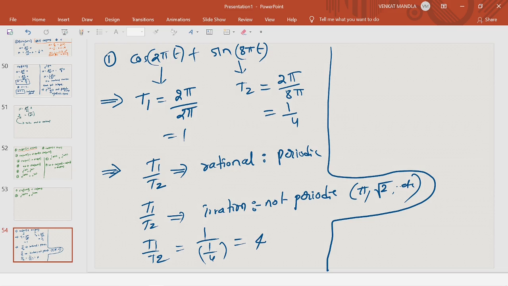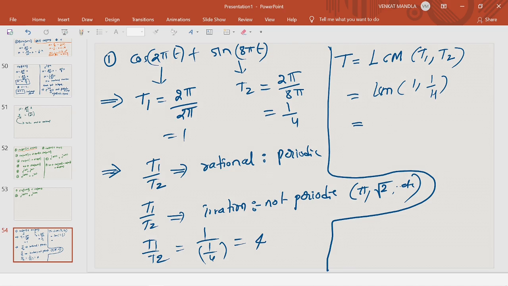So it is a periodic signal because T1 by T2 is not an irrational number, it is a rational number. What is the fundamental period? Fundamental period means the least period at which this entire signal is repeating. It is the least common multiple of T1, T2, that is LCM of 1 comma 1 by 4.